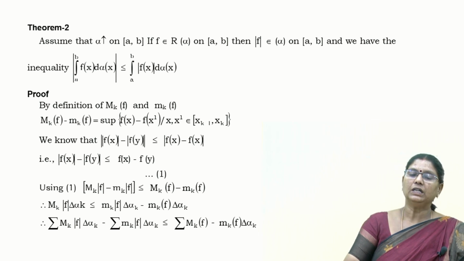So, from the definition of capital M_k of f and small m_k of f, we can write that the difference between these two is the supremum of f of x minus f of x'.